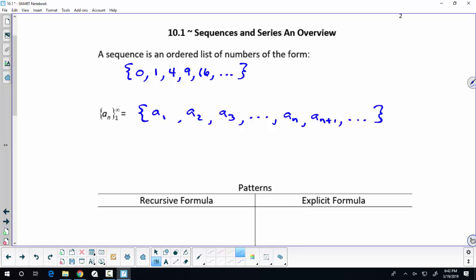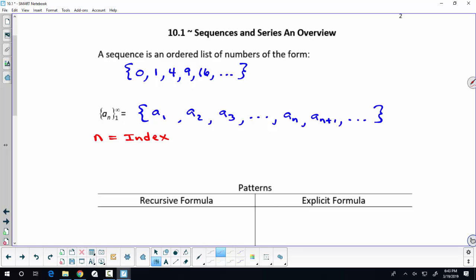The subscript here is referred to as the index. And we always index by the counting numbers. So the index always moves in discrete counting numbers, 1, 2, 3, 4, 5.